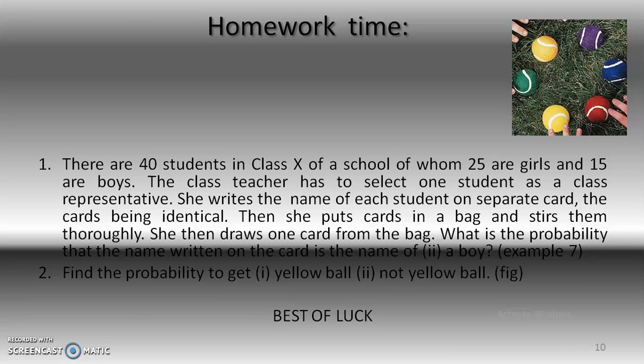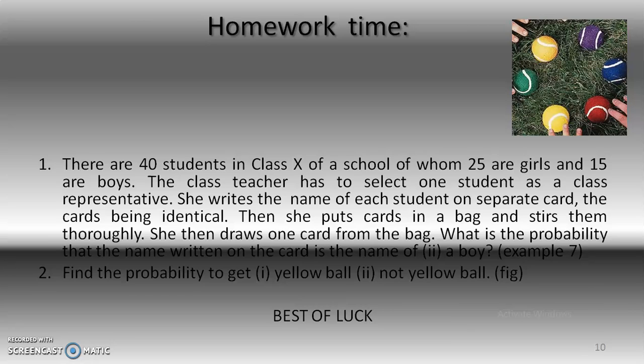It's homework time. The first question: there are 40 students in class 10th of a school, of whom 25 are girls and 15 are boys. The class teacher has to select one student as a representative. She writes the name of each student on a separate card, the cards being identical, then she puts the cards in a bag and stirs them thoroughly. She then draws one card from the bag.